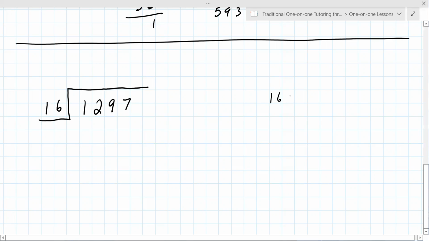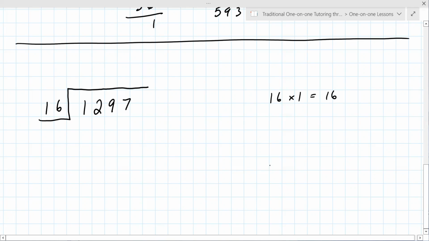Try 16 times 1. That's obviously 16, so that's smaller than 129. We need to get up to 129, and that's where you've got to take a guess. You can't just go up by 1 each time. It's too slow. So you need to estimate where you think that would be.